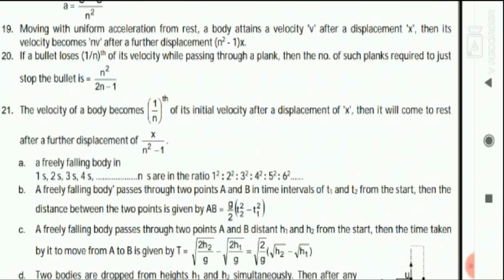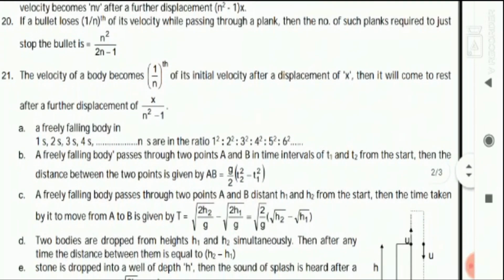Now another plank will reduce its velocity some more. Then another plank, it reduces its velocity some more. Like that, if you use some planks, finally the bullet comes to rest. Then how many such planks are required to completely stop the bullet, this formula you can use.